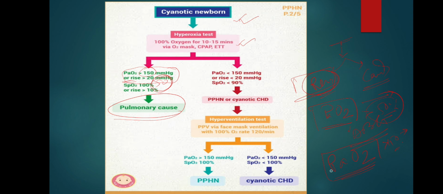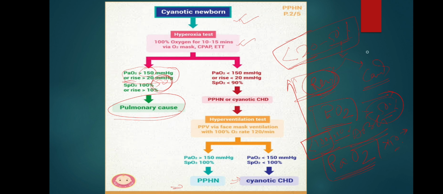But if the PaO2 is not more than 150, that means if it is between 100 to 150 and the difference is between 20 to 50%, the child may have either PPHN, that means persistent pulmonary hypertension, or cyanotic heart disease.